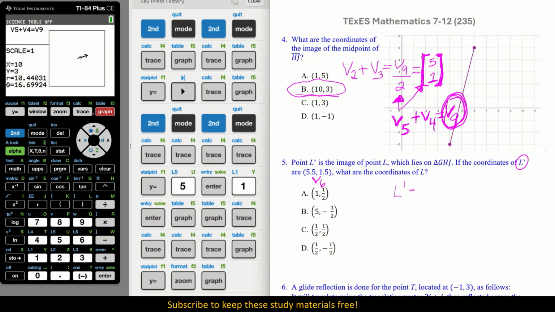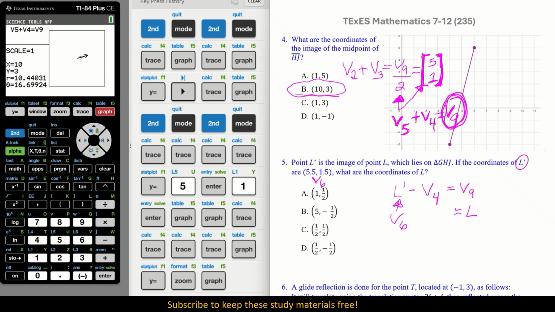And remember, our translation was V4. Sorry, not V2. We're in V4, and that's going to equal V9, which will equal our L, whatever that ends up being, okay?